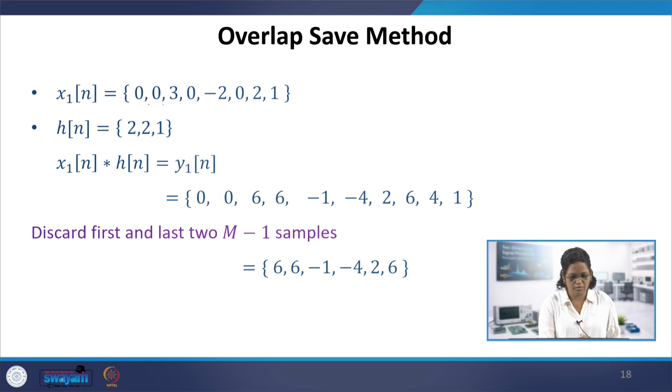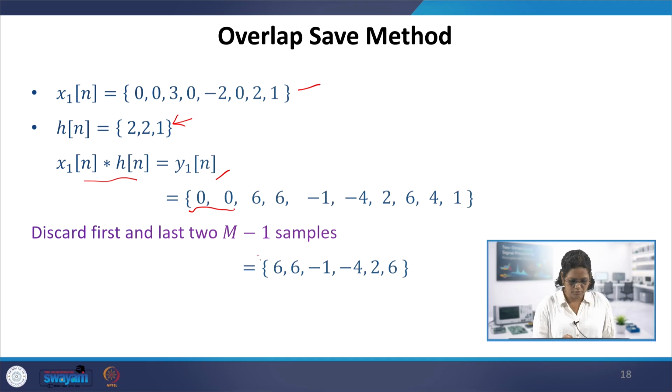Now take x1 and h. We are not going to do anything else on it because this is just used for the convolution. x1 and h convolve, linear convolution, then get y1. Now you can see it's not simply 6 6 like what we got in the previous case. We have the appended zeros reflecting in y1 as well.